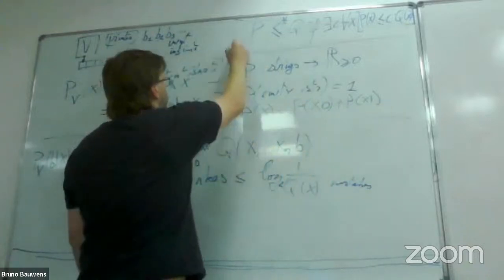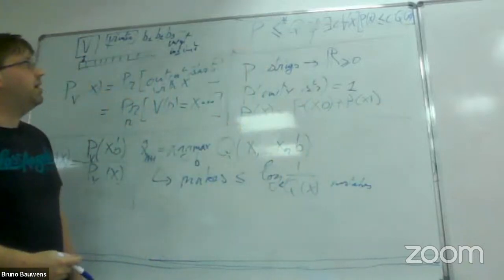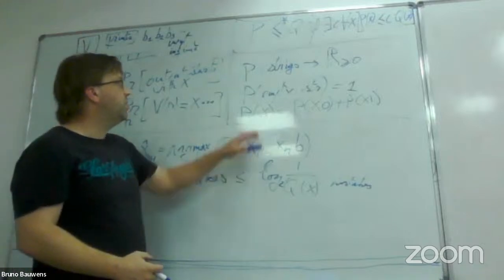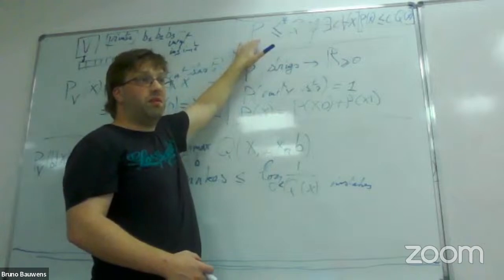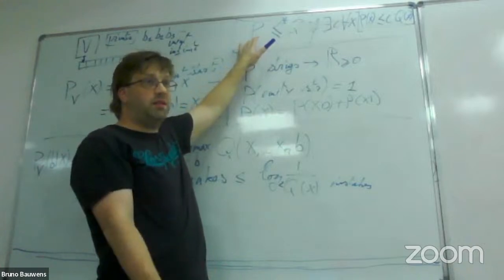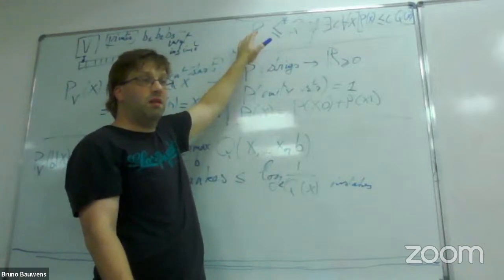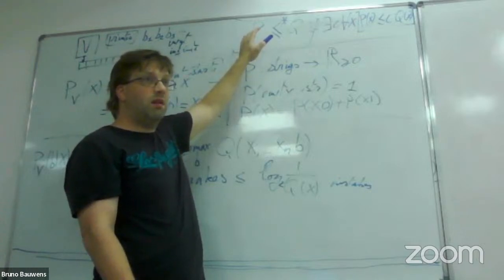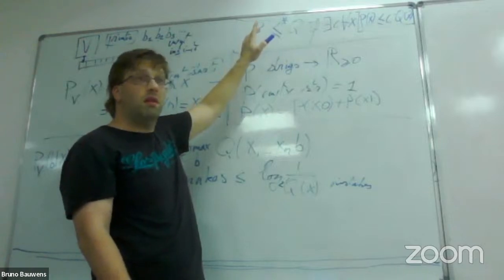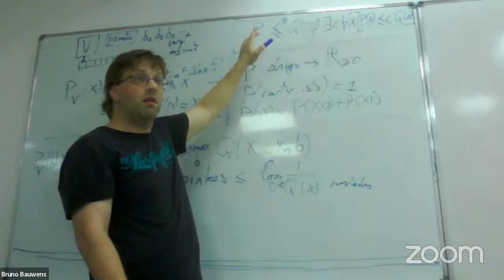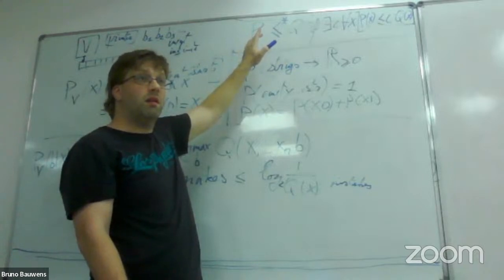Okay, and now I claim that there exists no measure that dominates every other measure. So why is it? One suggestion: one measure that is one for all the things that start with one, and another measure that is one for all the things that start with zero.